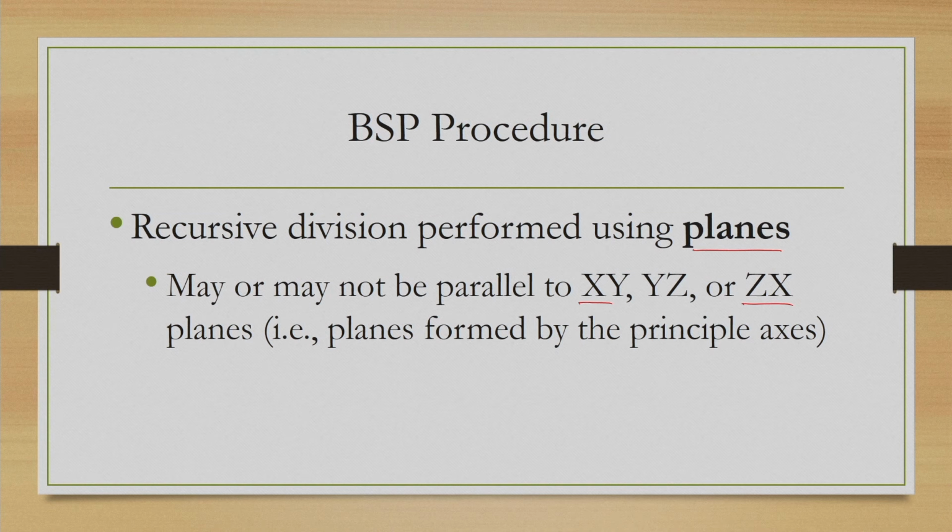It can be planes of any orientation. Of course, if we are having planes parallel to the planes formed by the principal axes, then it is easier to implement, otherwise we have to do additional computations.